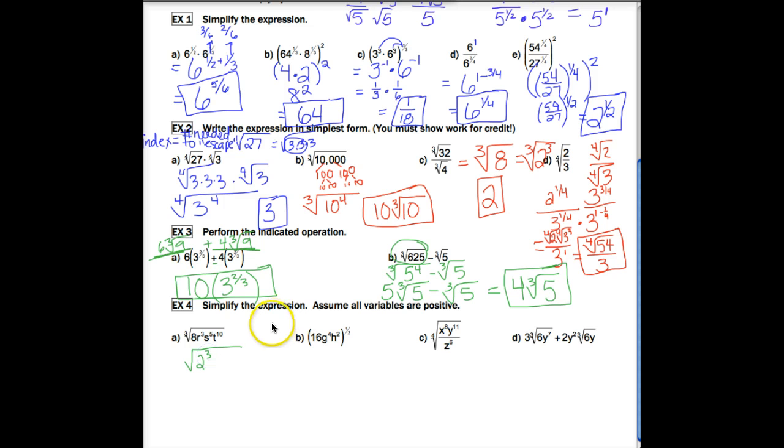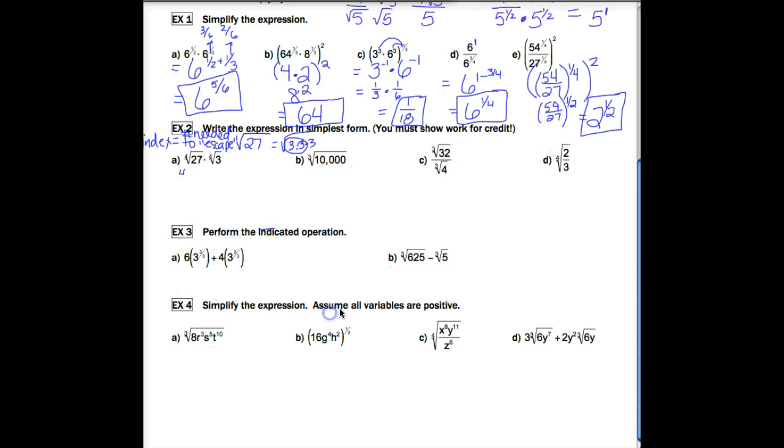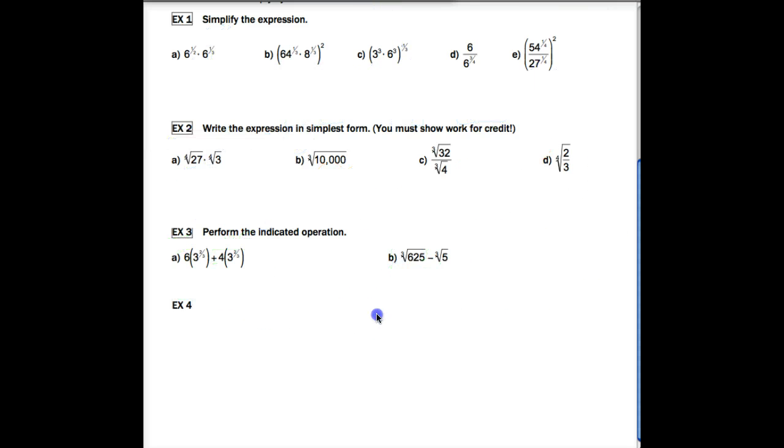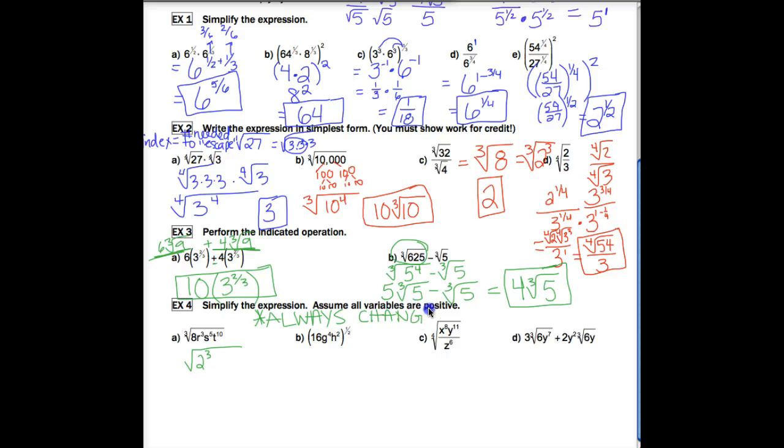And that is the major key in this section. Always change to smaller bases. 8 could be written in a smaller base of 2. So that's what I did.